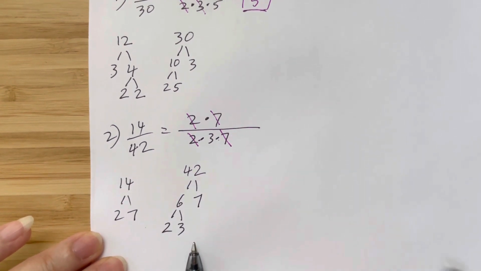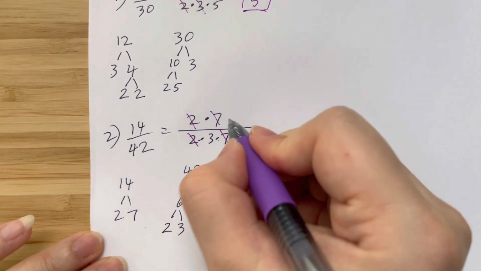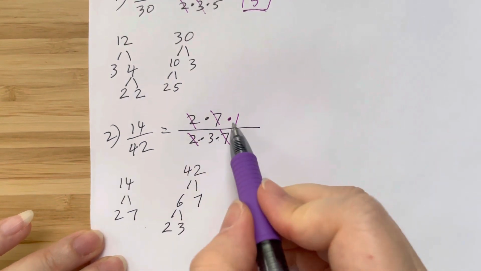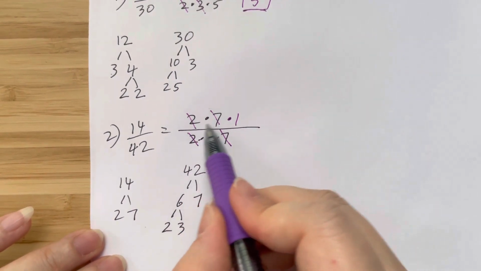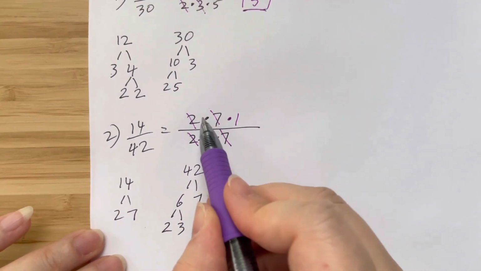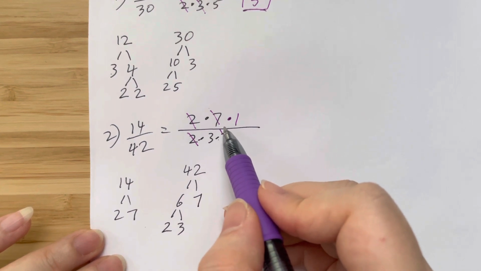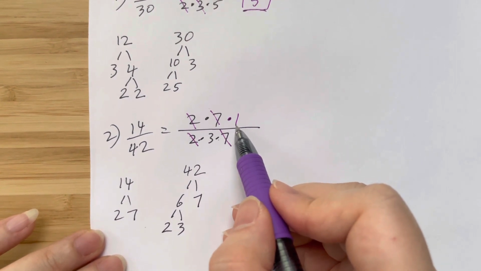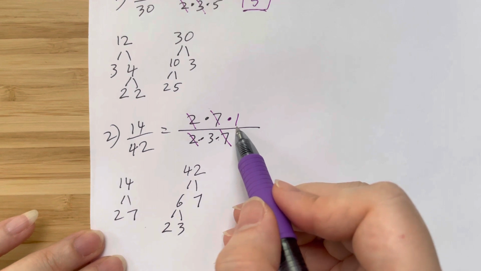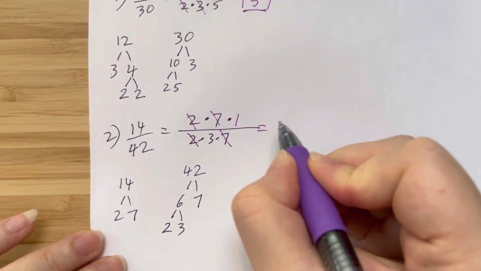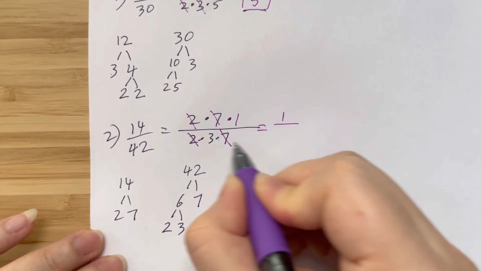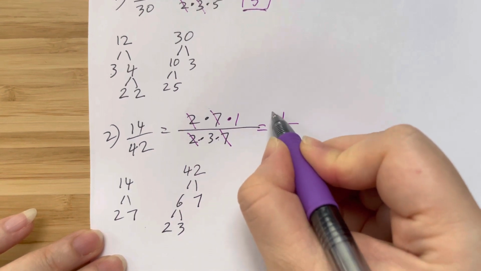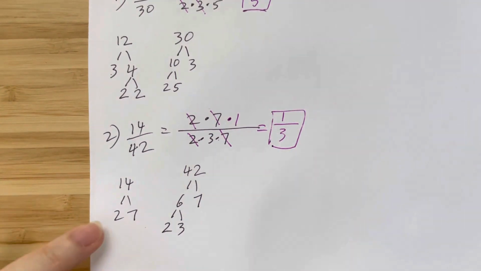Let's multiply by 1. 1 times any number is still going to be that number itself, so we technically did not change the question. So now we have a 1 all over a 3 left. So it's 1/3.